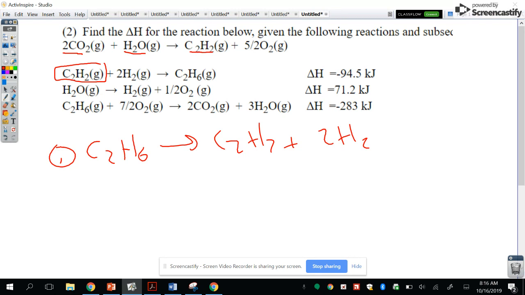Now I'm going to put a box around what I want to keep. So the only thing in this equation that I need is the C2H2, and I need to get everything else to cancel out.